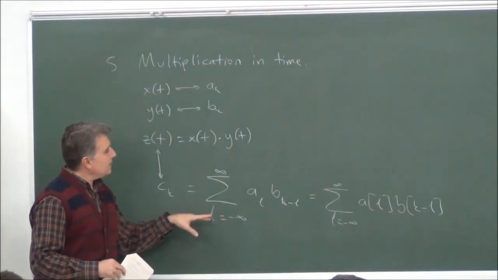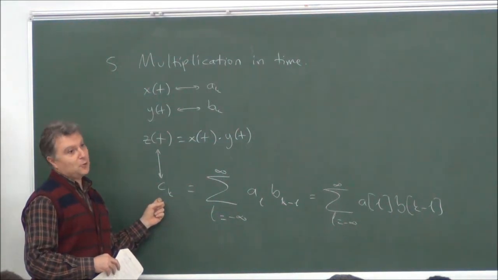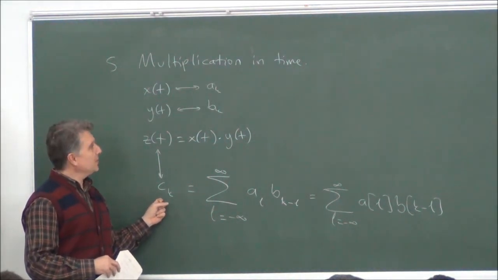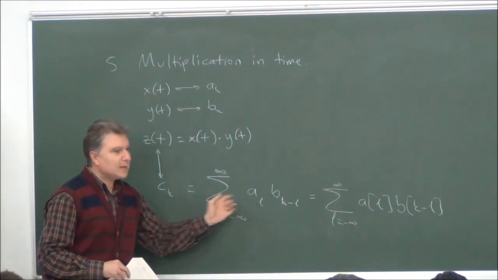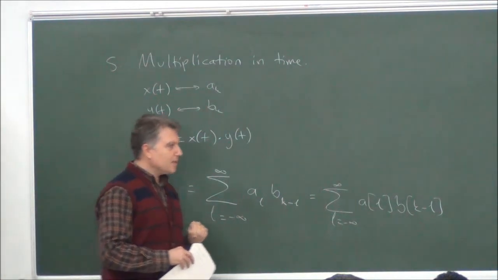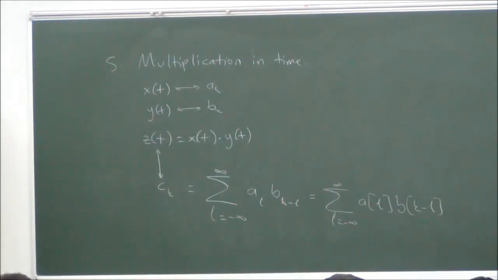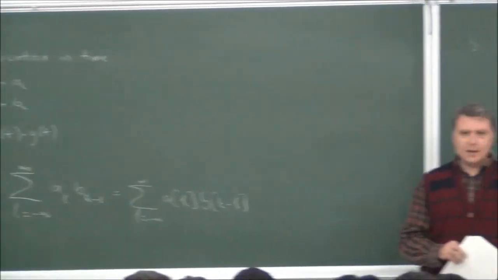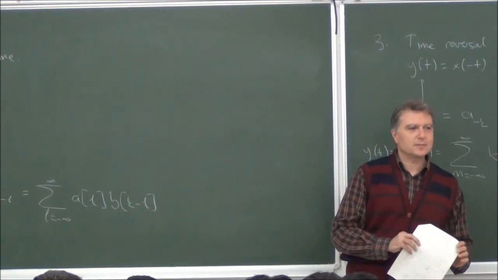And in order to find the sequence c_k, the Fourier series coefficient sequence of the multiplication in time domain, you have to convolve these two a and b sequences, and that's it. And this is a very commonly known phenomenon. When you multiply two things in time domain, you convolve the Fourier domain counterparts.